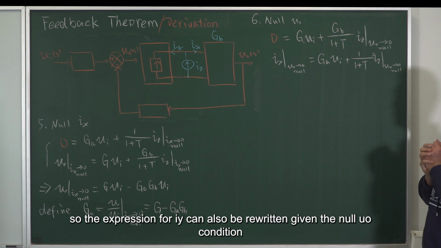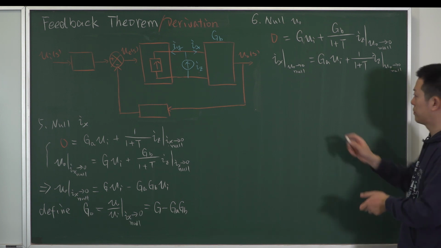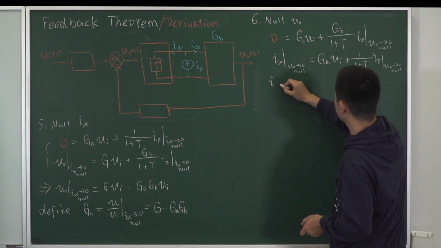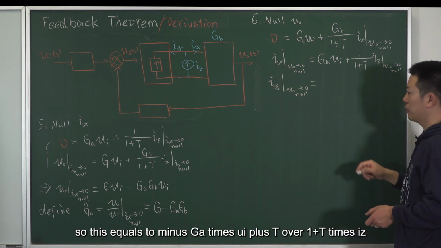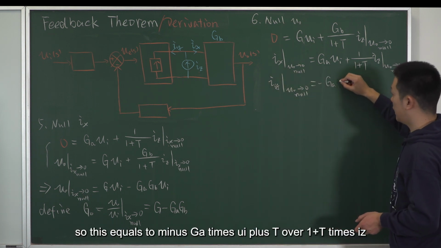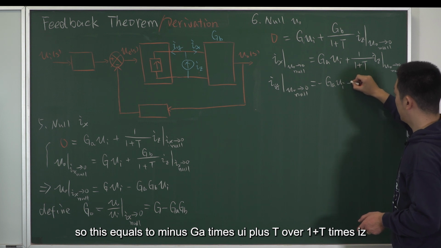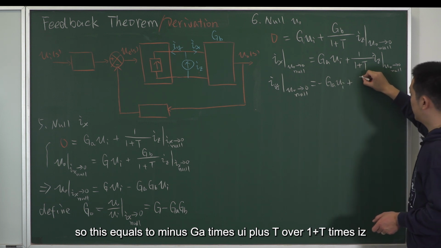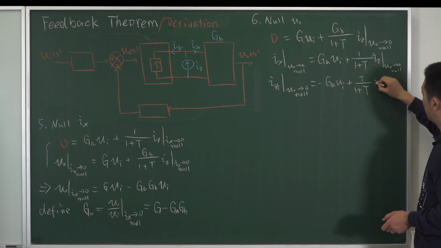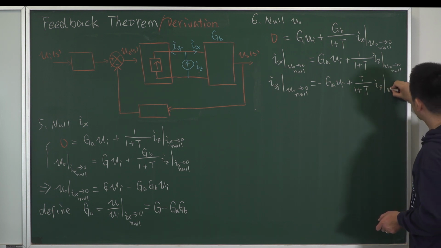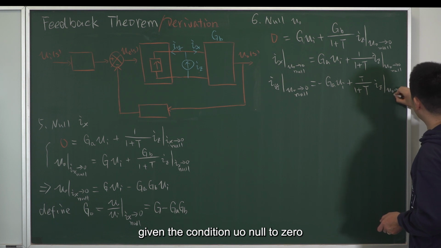So the expression for Iy can also be rewritten given the U0 condition. This equals minus GA times Ui plus T over 1 plus T times Iz, given the condition U0 is now 0.